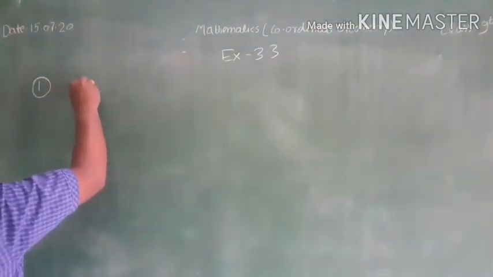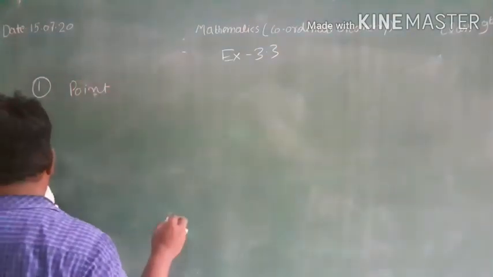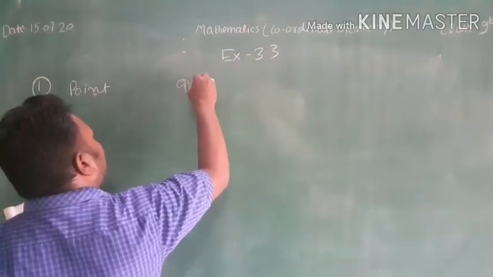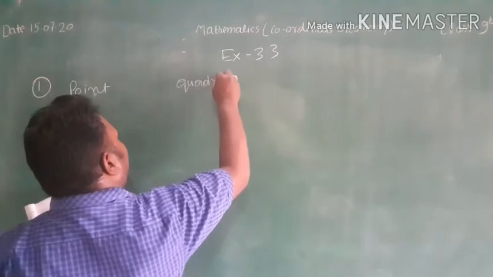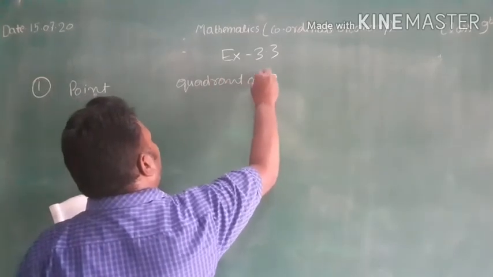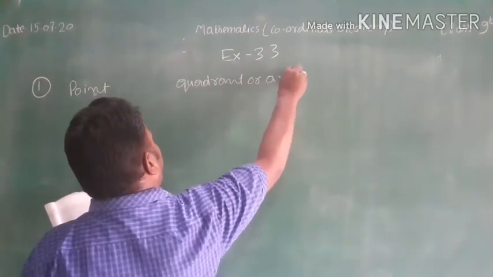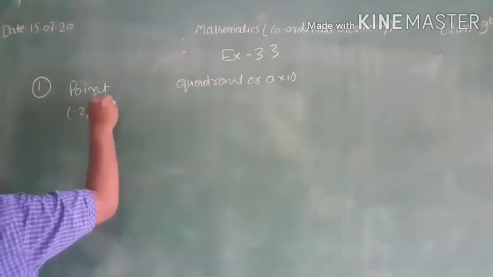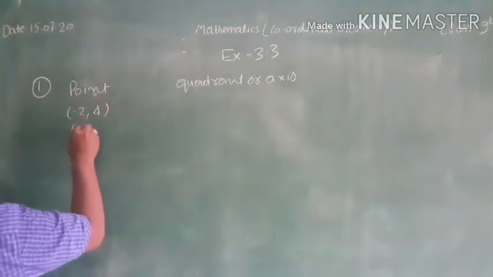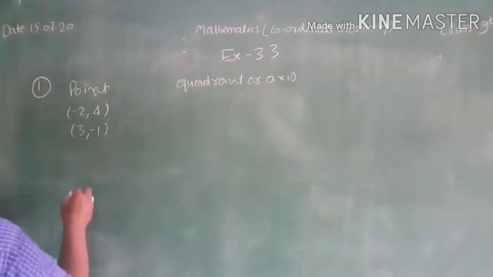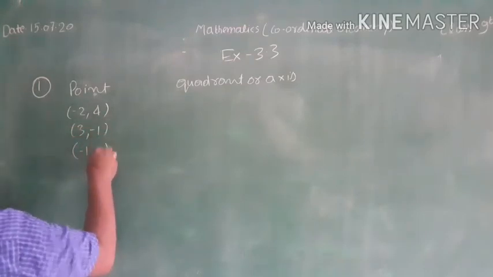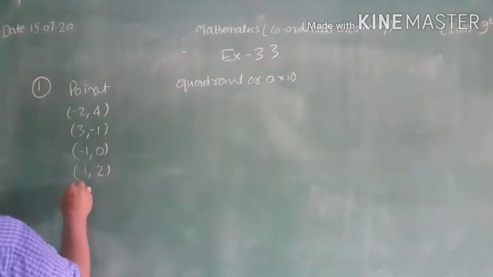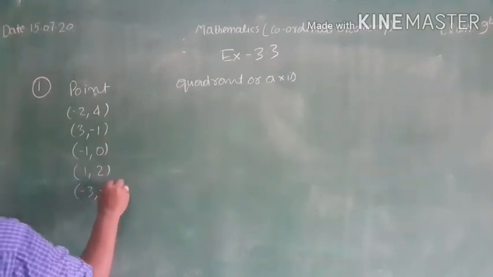So first you write down the point and then you write down the quadrant or axis. So write down the points (-2, 4), (3, -1), (-1, 0), (1, 2), (-3, -5).